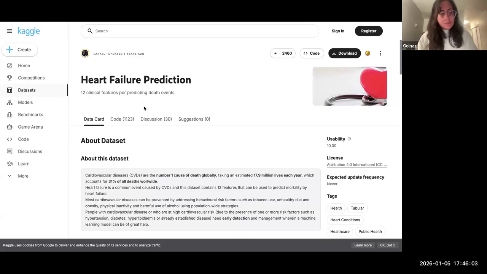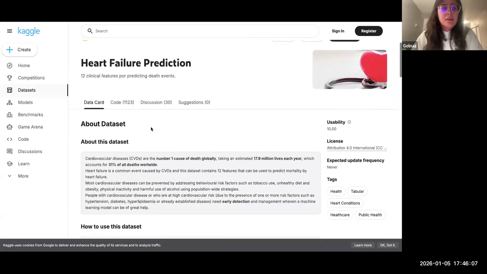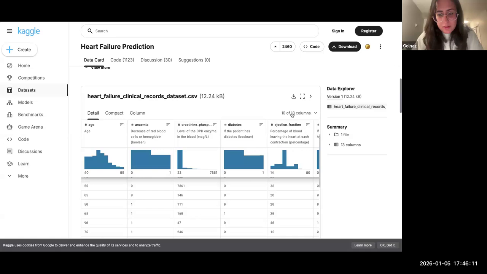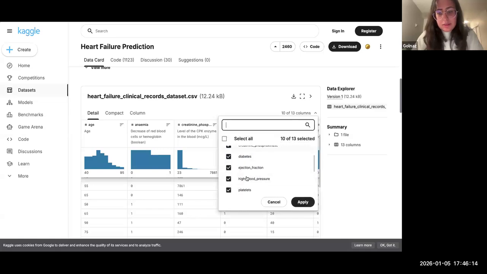In particular, there is this data set here on heart failure, where they have their data set and their explanation.